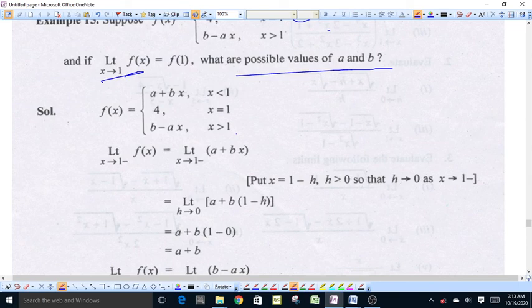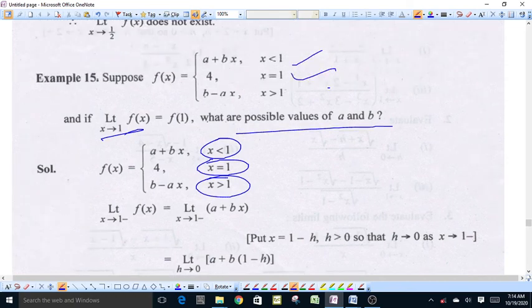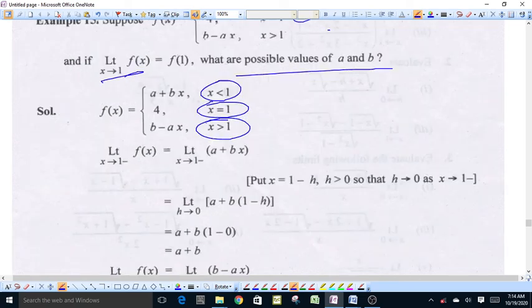We have f(x) is equal to a plus bx as x is less than 1, equal to 4 when x is equal to 1, b minus ax when x is greater than 1. Now we find the left hand limit and right hand limit of the function at 1, because the limit of the function exists, therefore left hand limit must be equal to right hand limit of the function as x approaches to 1.